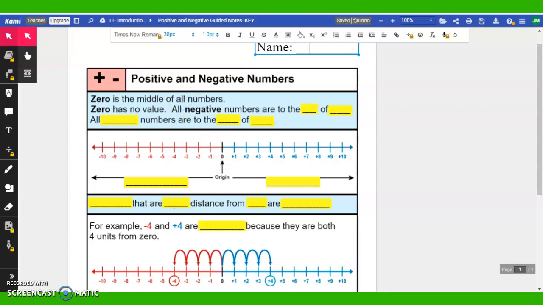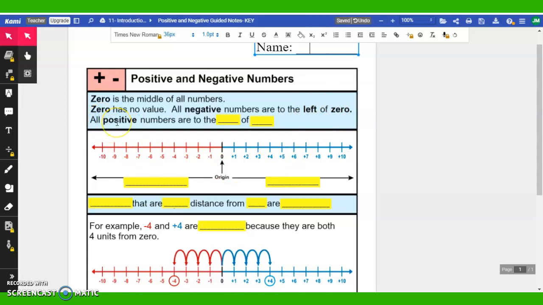All negative numbers are going to be to the left of 0. If you look right here at 0 and go to the left, you'll notice all these numbers are negative. They're in red. -1, -2, -3, and it goes on and on. So all negative numbers are to the left of 0 on your number line.